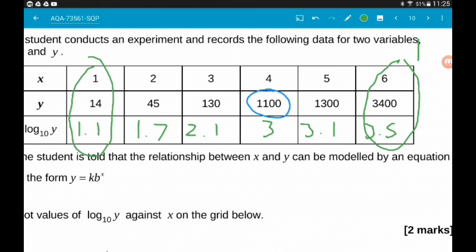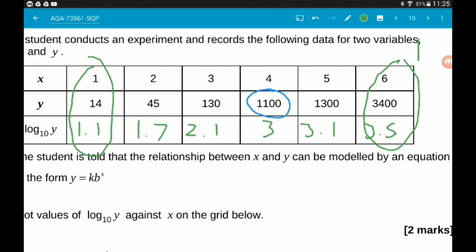Remember, the points are not in an exact straight line, so this will give us the most accurate gradient. Also remember, gradient is the difference in y divided by the difference in x, except here we are not interested in the y values but the log y values.